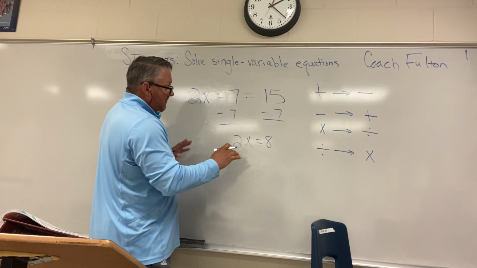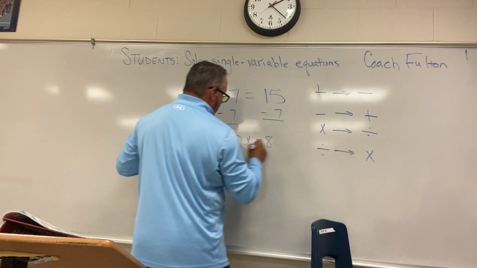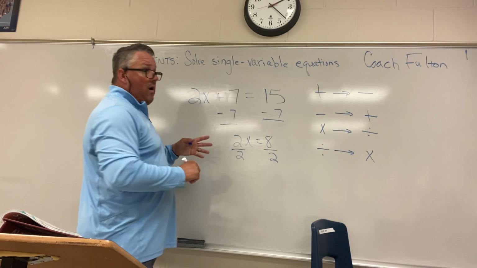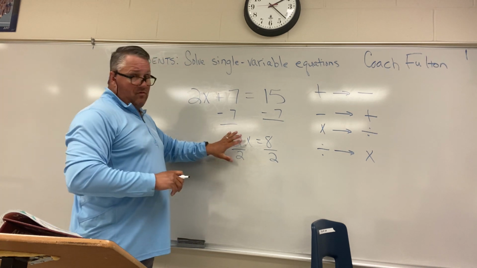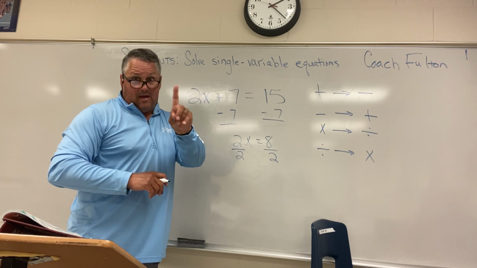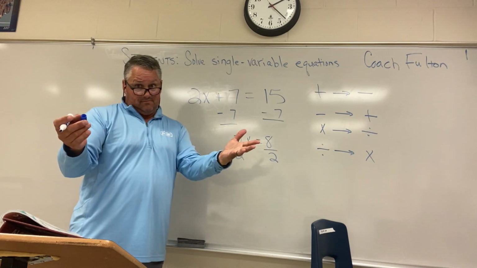It's assumed to be a times. So the inverse of times is divide. So we're going to divide by 2 on both sides. Why do we do that? Because to get x by itself, I cannot have any number but 1. I have to have 1 at the end. 1 times the letter x.